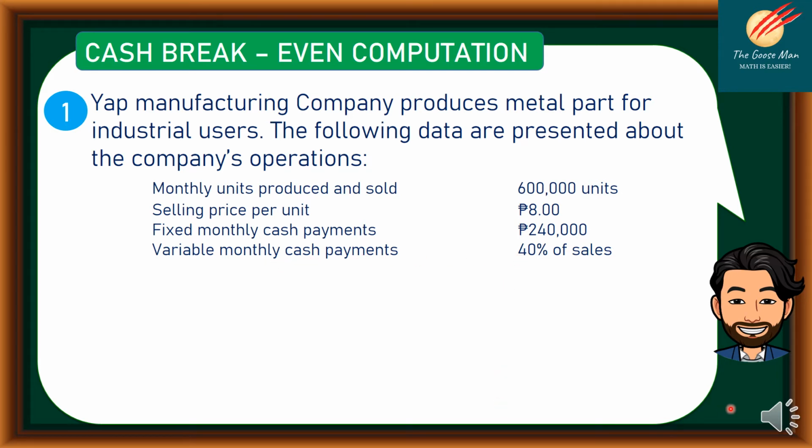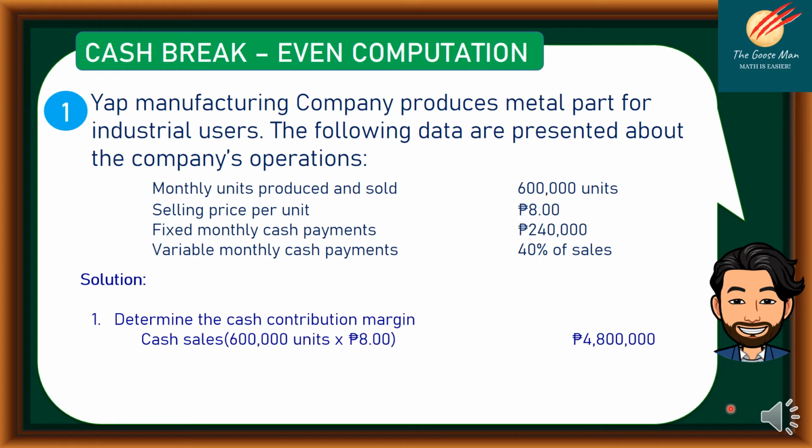If we want to determine the cash contribution margin, let's have the cash sales of 600,000 units times 8 pesos, so that is 4,800,000. Moving on to the less: cash variable outlays. We will get 4,800,000 pesos times 40%.